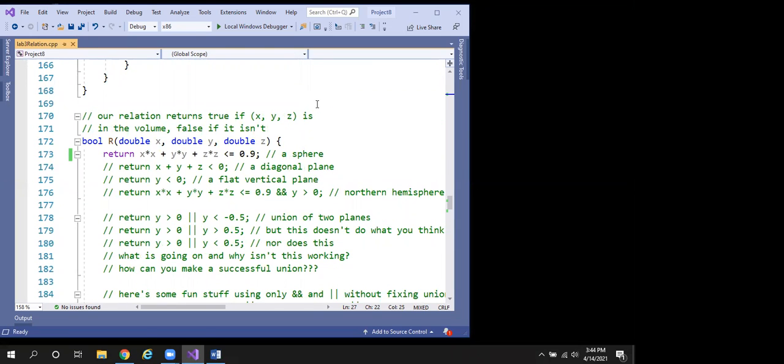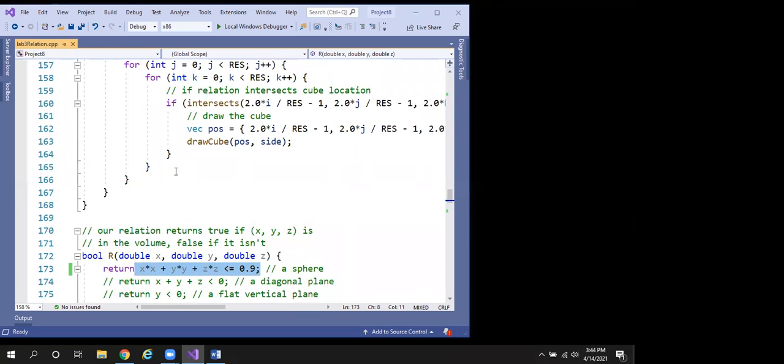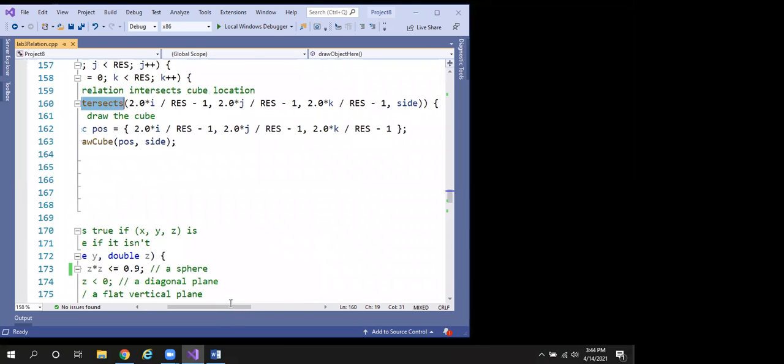Yeah, it is hollow, and it's supposed to be hollow. Here's why. Even though my relation was less than or equal to, I need to show you how the intersect function works. So here's the intersect function. It does the intersection for this particular cube, and this is just computing where the location of the cube is in space.